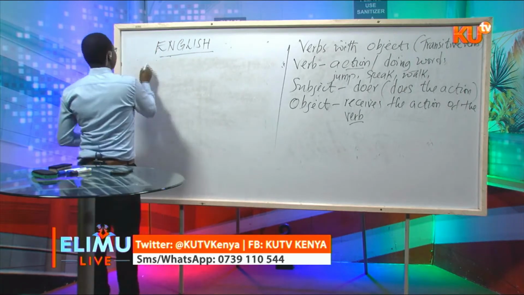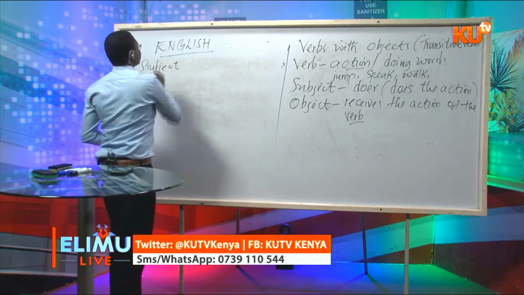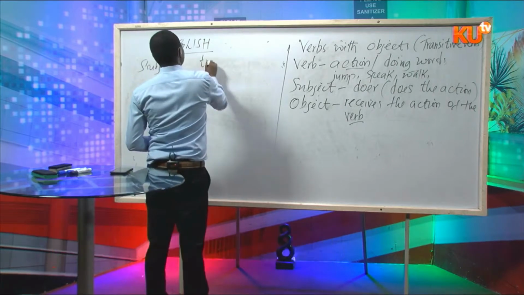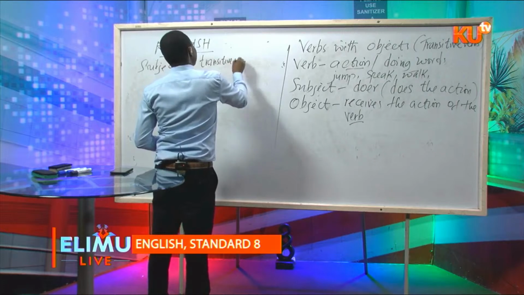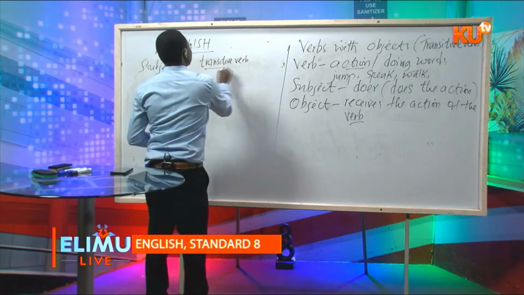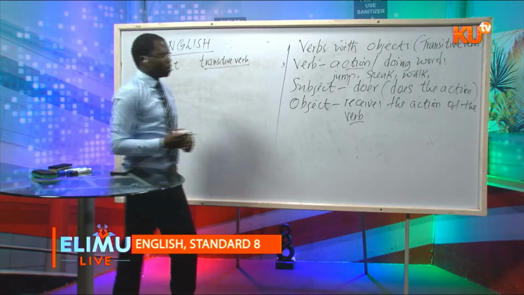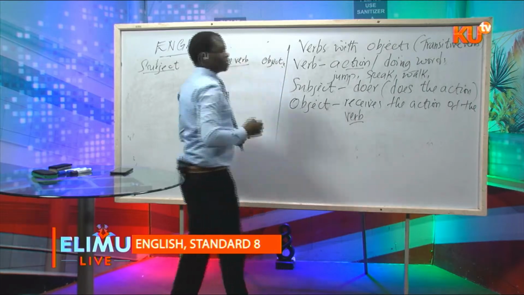So we have on this side the subject. Then at the center, we will be having what we call the transitive verb. The subject, transitive verb, and finally on this side, we'll be having the object.